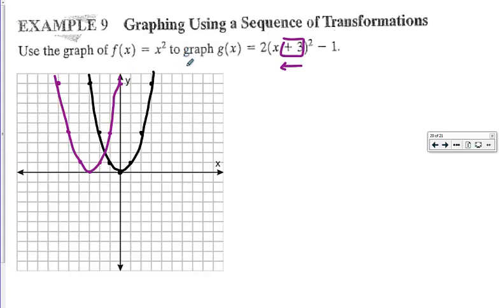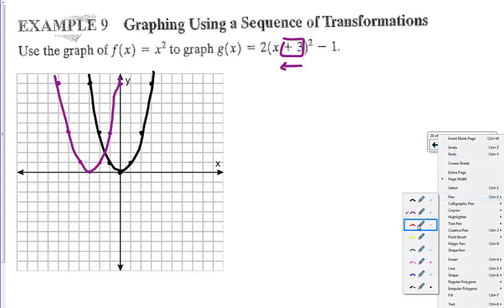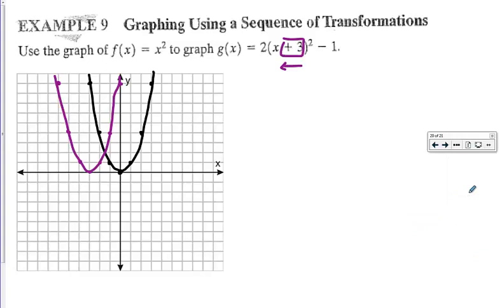Okay, next, any stretching that I have. In this case, I'm stretching by 2. So I'm going to multiply each y coordinate by 2. I'm not going to be able to do these bigger ones, because if I take 9 times 2, it's way up here. This is 4, so 4 times 2 is 8.